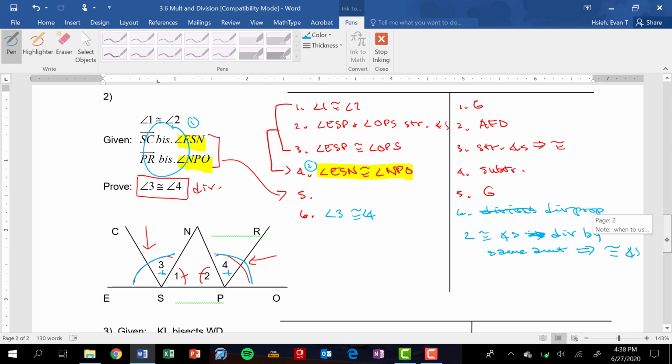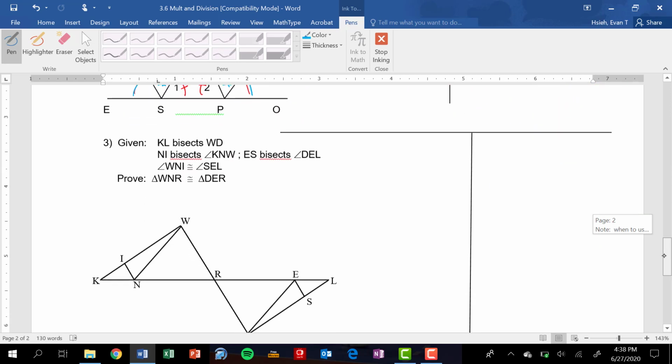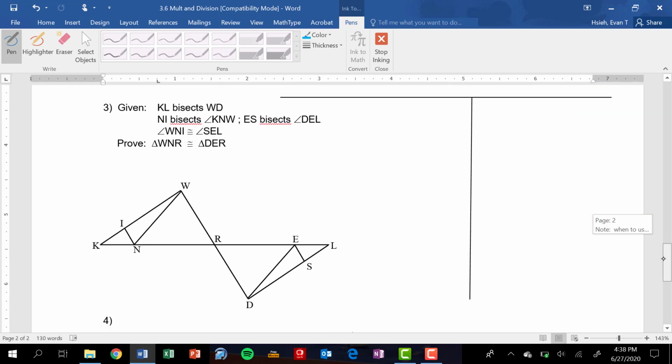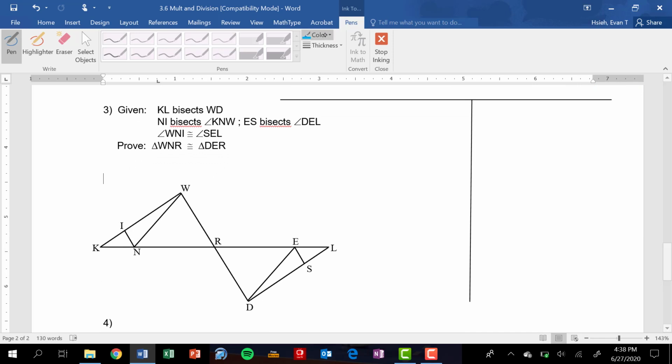Okay, now moving on to the next one. Oh boy, that looks tough. Let's see what we got here. KL bisects WD. So that gives me that these are congruent to each other, right? It's basically chopping WD in half.